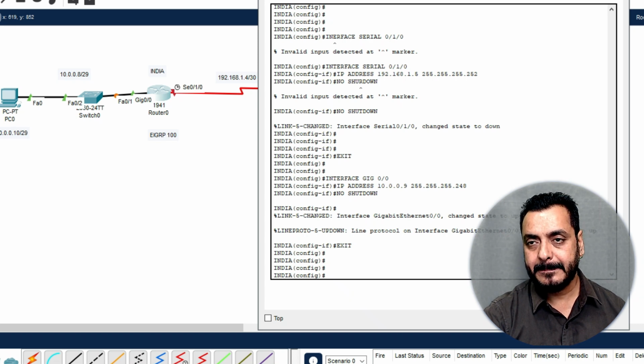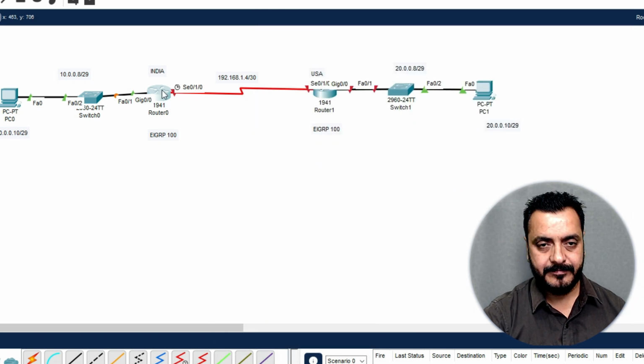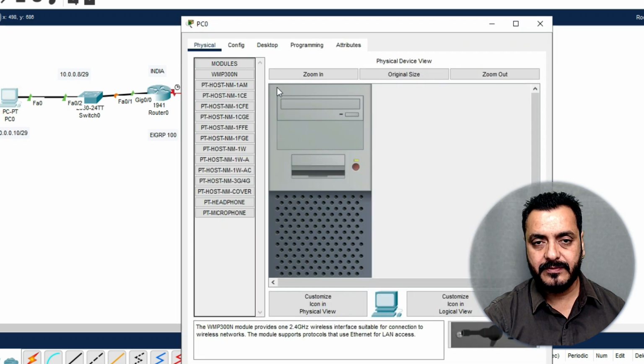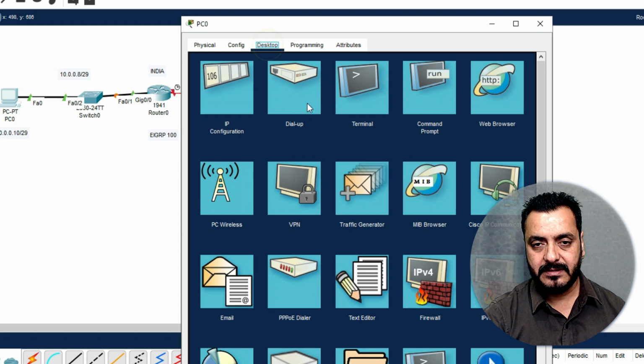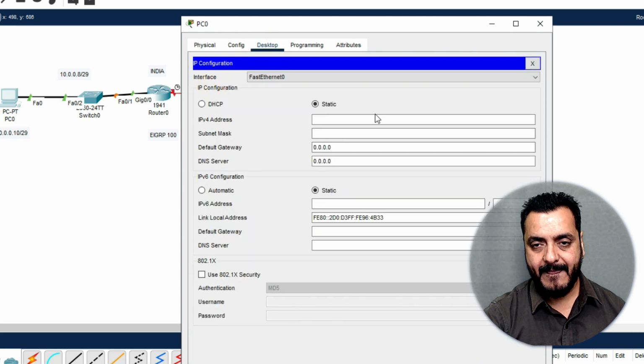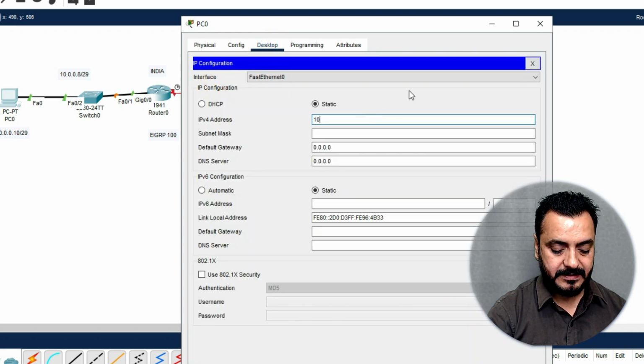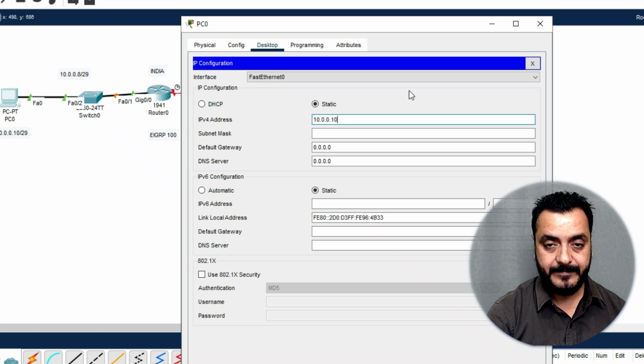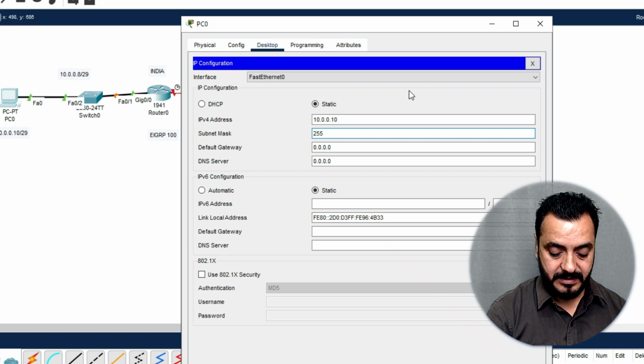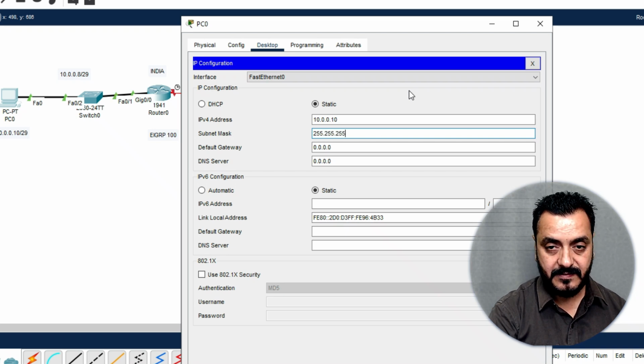Now we are going to assign the IP address to the first end device, that is 10.0.0.10. Again, we have discussed earlier, and its subnet mask is 255.255.255.248.